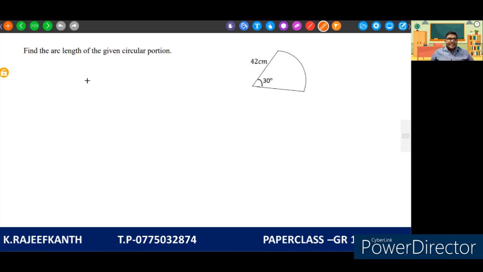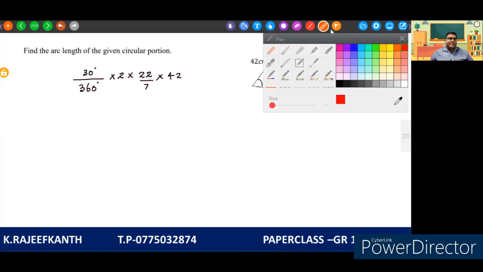So by using that formula, we can find the arc length right here. The arc length is equal to 30 degrees over 360, because the center angle is 30 degrees, times 2 times pi, which is 22 by 7, then the radius equal to 42. Right? Then theta over 360 times 2 pi r.